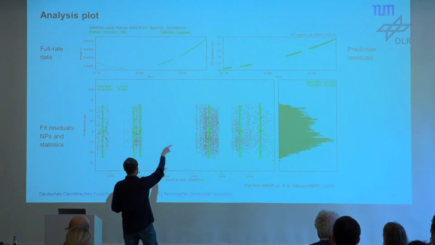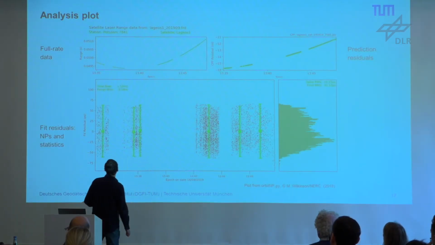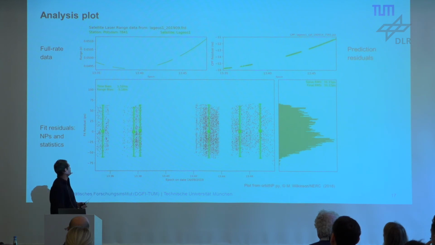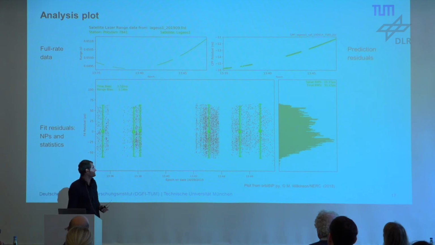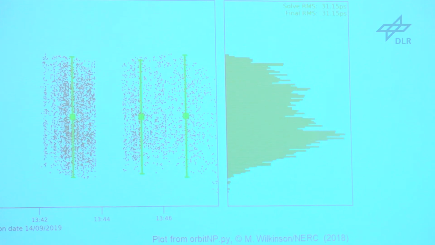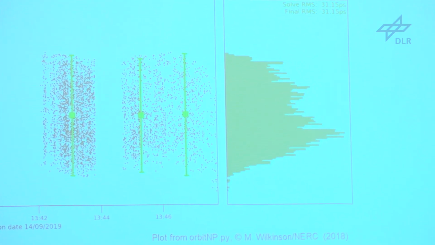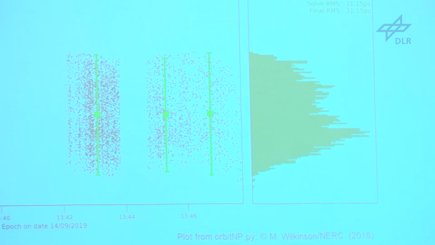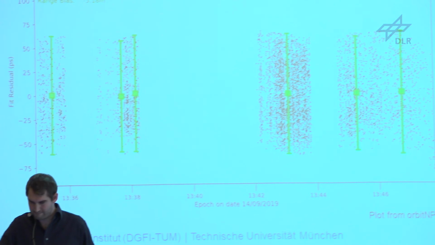And here in the big plot, you can compare the full rate and the normal point data. And on the right-hand side, you also have a histogram in order to be able to judge whether the full rate data is distributed equally around the orbit or if there are any systematics in the data.